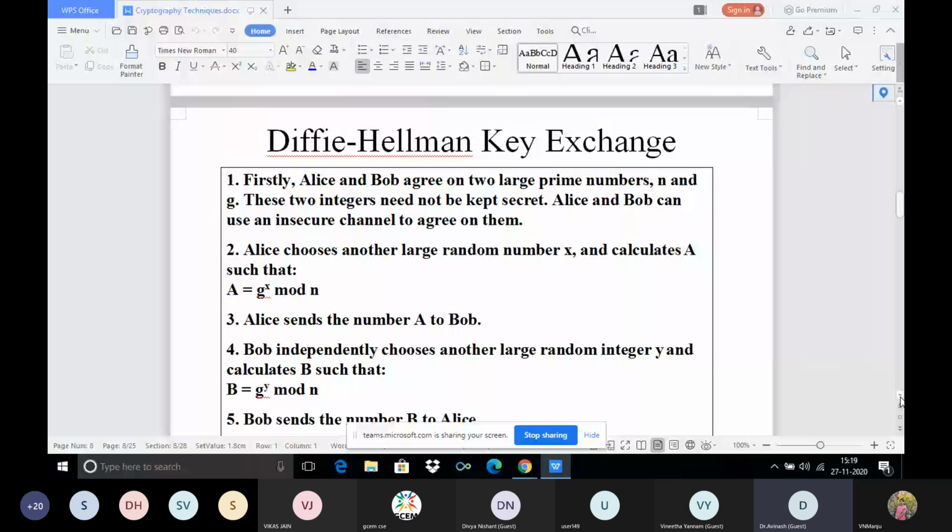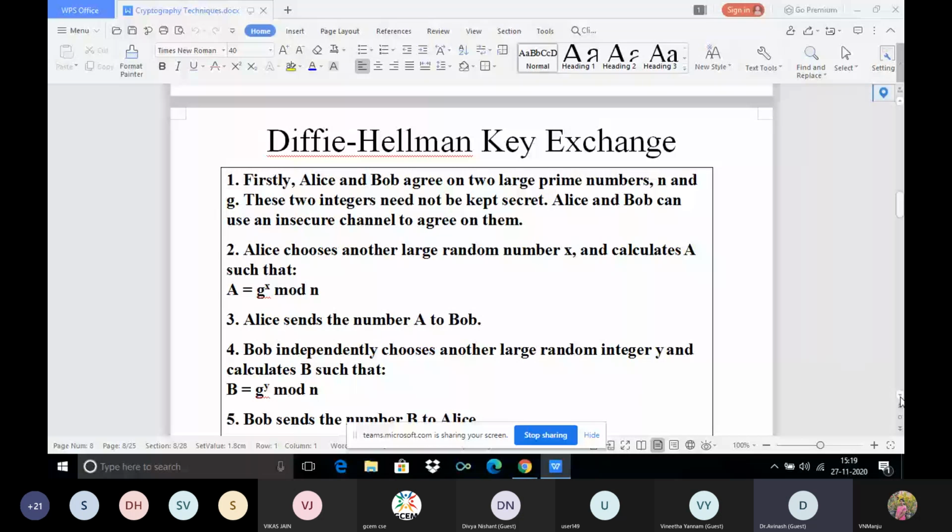But then the problem here is that the two persons, Alice and Bob, the sender and receiver, can use an insecure channel to agree on them. For this, they have to apply a particular function, and that is called the mod function.